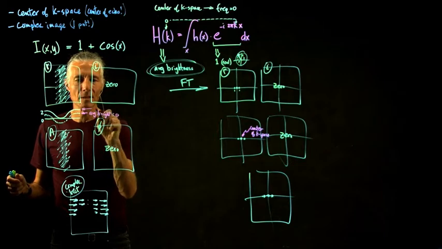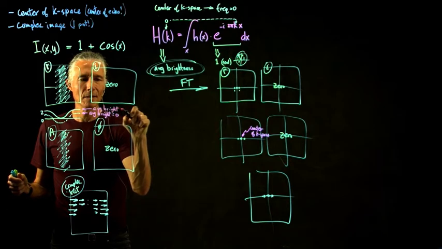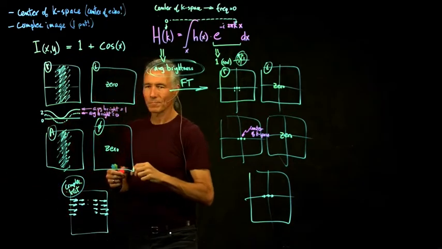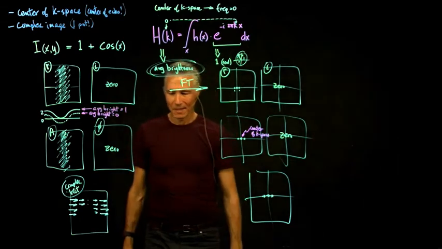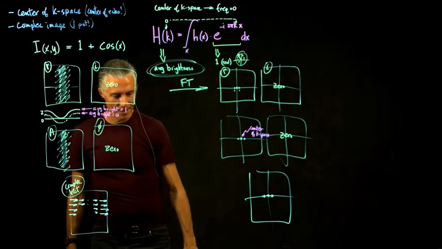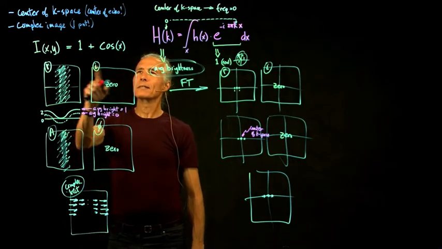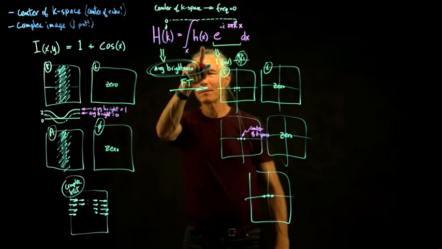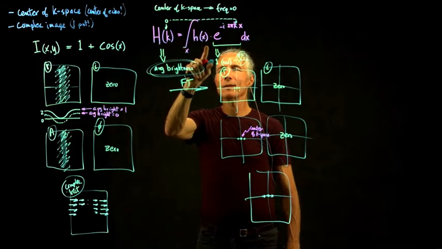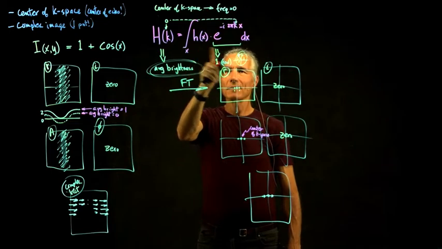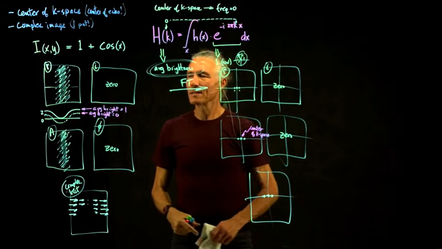This is average brightness equals 1. Okay, so that's the relevance of the center of kSpace in the Fourier transform of an image. And you can just plug in a 0 into the Fourier transform equation, and then you can see that it's essentially just calculating the average value of the image.